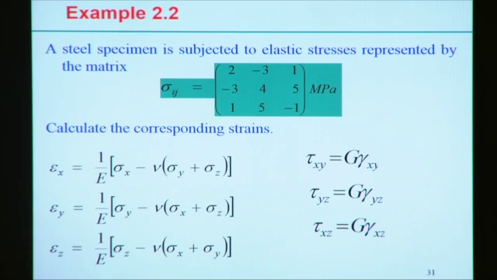Similarly, tau yz equal to tau zy, and tau xz equal to tau zx are following here. So basically this matrix has 6 independent components, and if we pick up the diagonal components as sigma x, sigma y and sigma z and put in the numerical values, we can easily estimate the corresponding strain in this case.